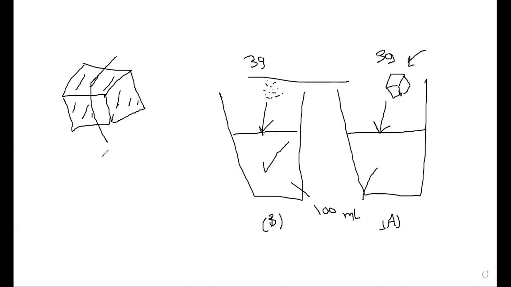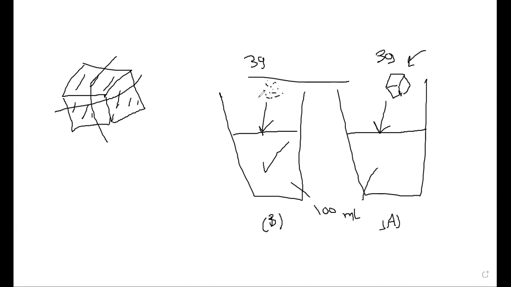Like this, the process of dissolving will happen faster. And if we divide more into another two pieces, we're going to have about 24 sides. So the more we break the solute into small pieces, the more sides will be in contact with the solvent, so the dissolving process will happen faster.